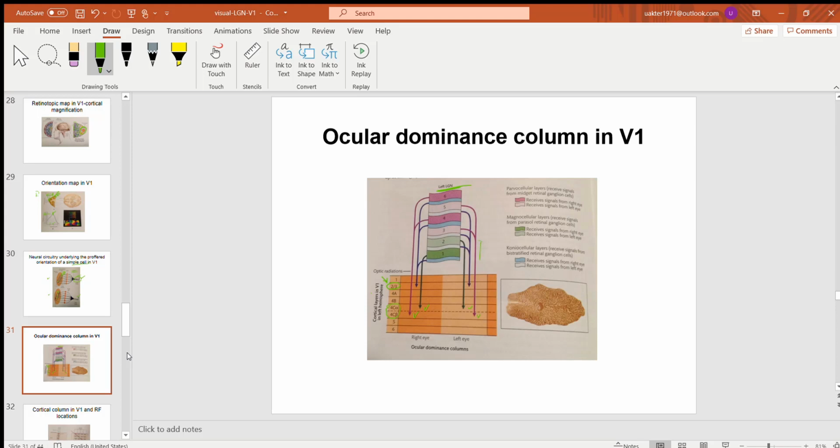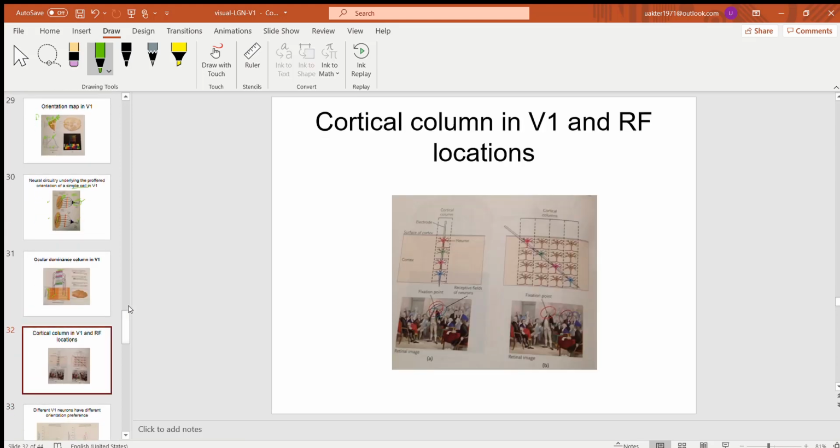This is the last thing you see here, that this is one hypercolumn. Okay, and I actually explained this. If you penetrate the electrode perpendicular to the surface, you'll see that within each hypercolumn, all neurons prefer the same location in space.